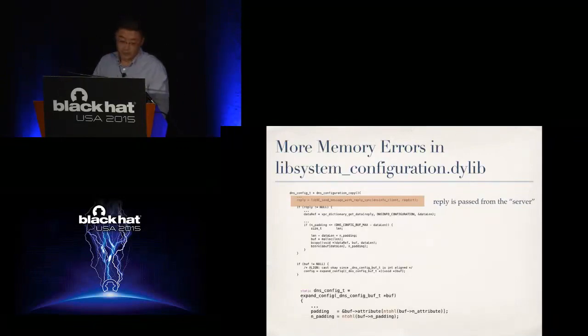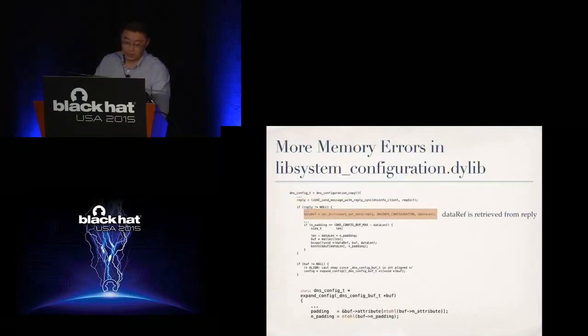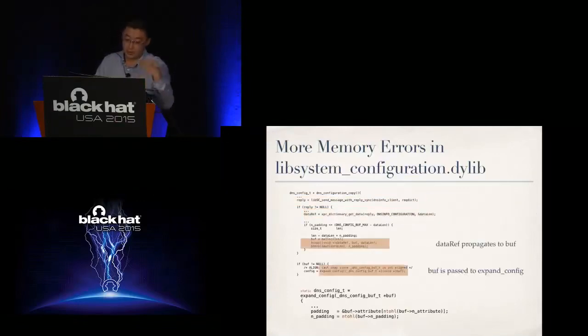Basically, this API is used to get the DNS configuration through XPC services. The data ref is retrieved from the XPC message, and there's some data propagation, but it doesn't matter. Finally, the data is passed to the function named expand_configuration.